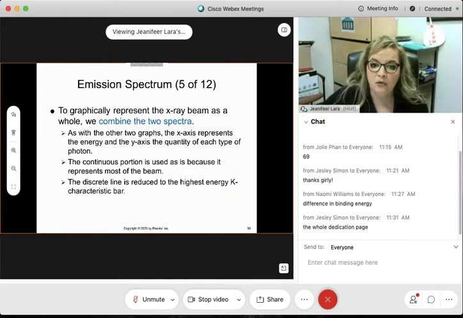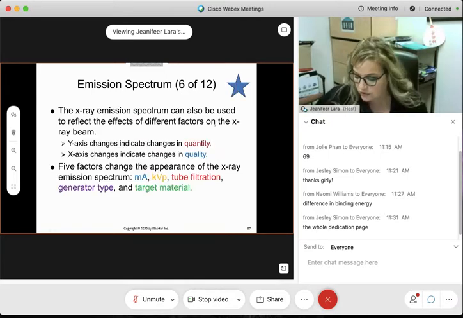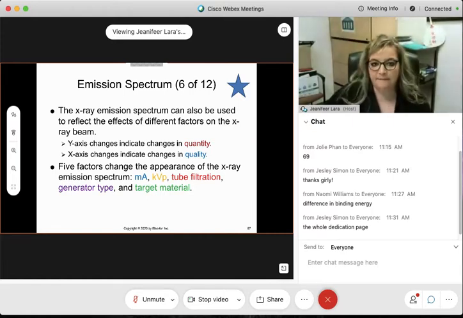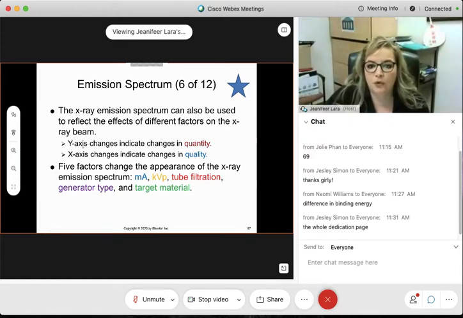So let's find out how our factors affect it. We know the quantity, or the number of photons, is our y-axis, and our quality, the energy level, is our x-axis. Can be affected by mA, right? We know that.